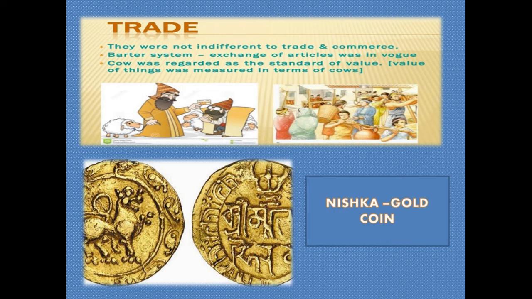Trade and commerce existed, but the barter system was replaced with a gold coin. A gold coin came into existence during the later Vedic period, which was called Nishka. 1 mark question. Nishka became one of the important means of trade and commerce during the later Vedic period.